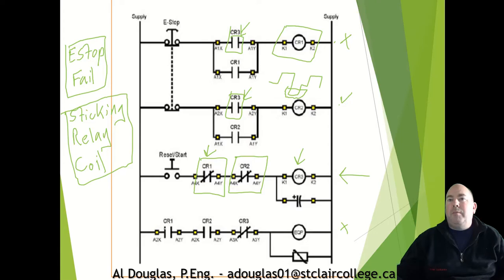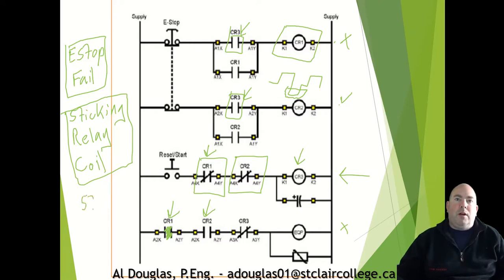Now the other thing that could possibly happen is if this contact here were to stick closed, but because we are using two sets of contacts, 1 and 2, in series together, we need both of these to function properly. If one of them were to stick closed, we still have the other one that is capable of functioning properly and being able to stop our circuit.